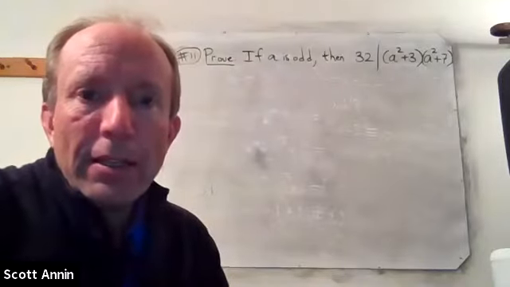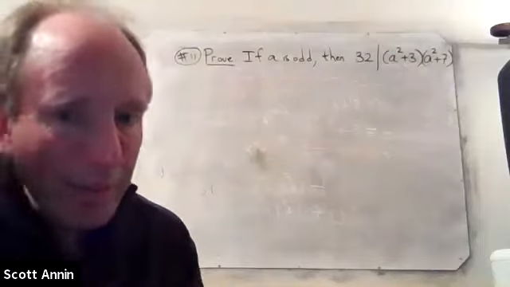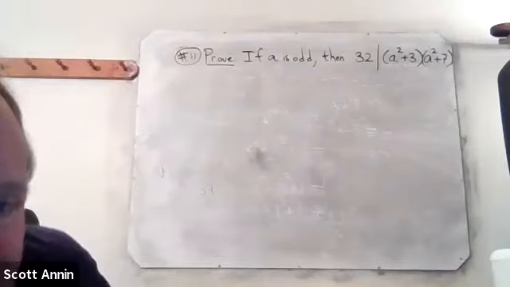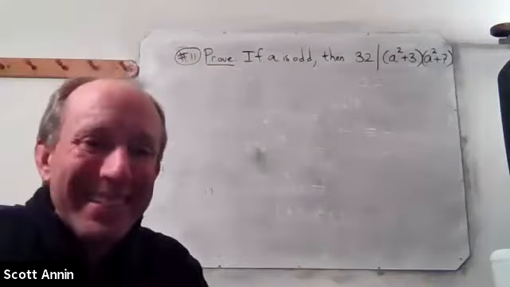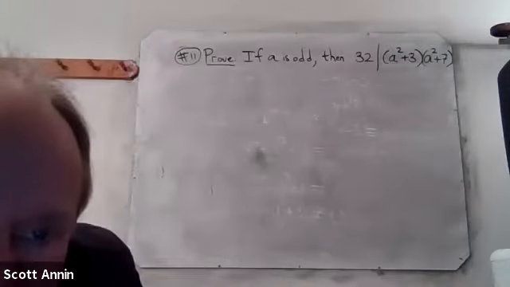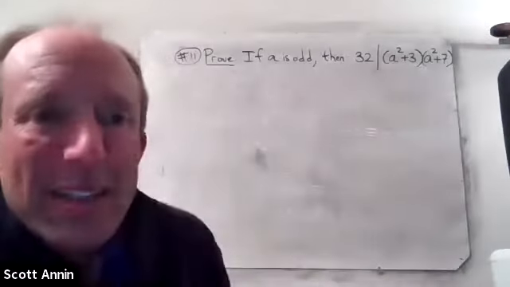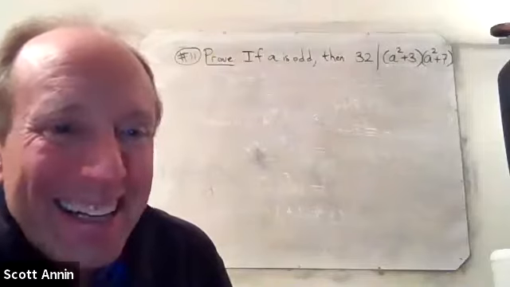Okay. This isn't anything too crazy. Probably got some ideas here. Any thoughts on what I might want to do with this one? I think this is off of one of my old exams as well, so I must have thought it was reasonable then.